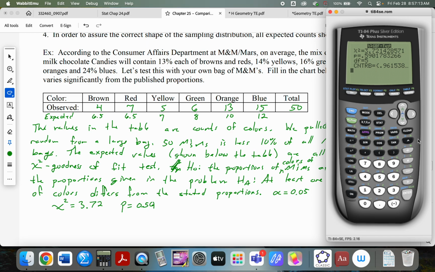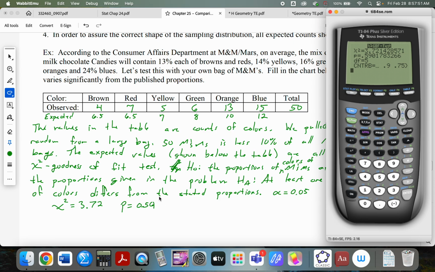And then it also gives you the contributions of each of those. So you can see which one contributes the most. 0.96 being the leader in the clubhouse here. Still looking to see if there's another one bigger. Now, another 0.9. So this was the largest contributor, with the orange being almost as big a contributor.